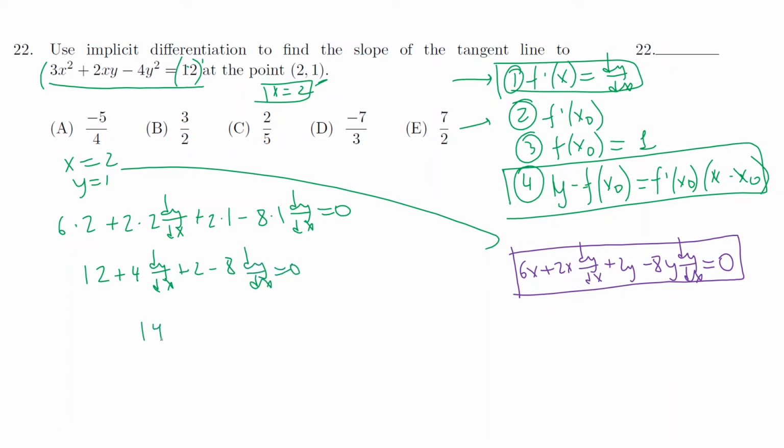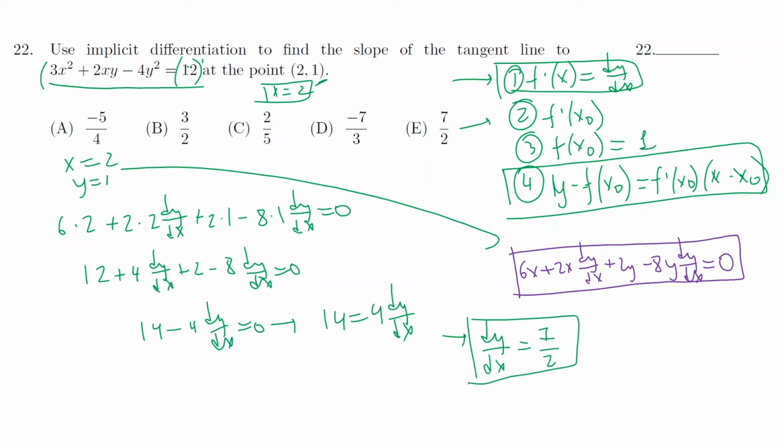So 14 minus 4 dy/dx equals 0. Yes, guys, I know this is a little bit annoying, but we have to do this. So 14 is equal to 4 dy/dx. Therefore, dy/dx equals 7/2. This is our second part complete.